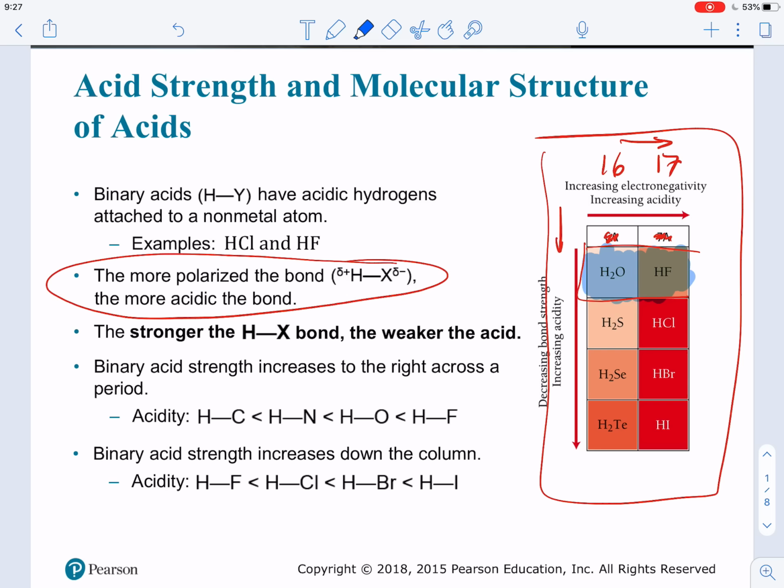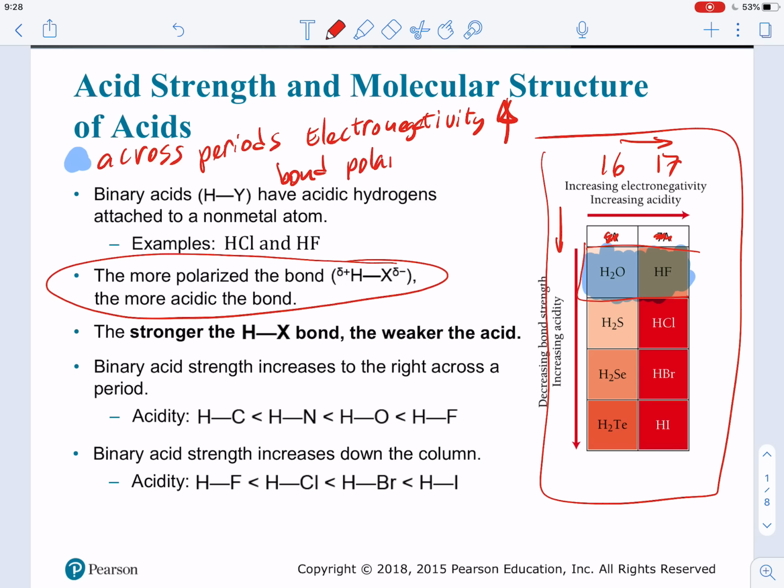That happens when you move across periods. Across periods, electronegativity increases, therefore bond polarity increases, and acidity increases.